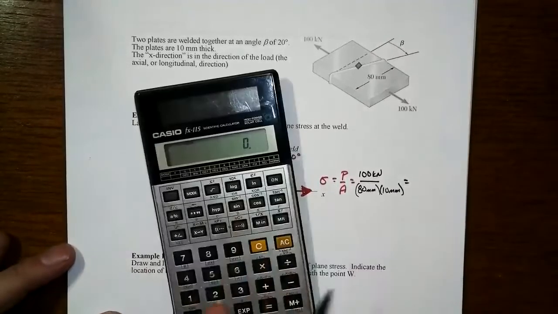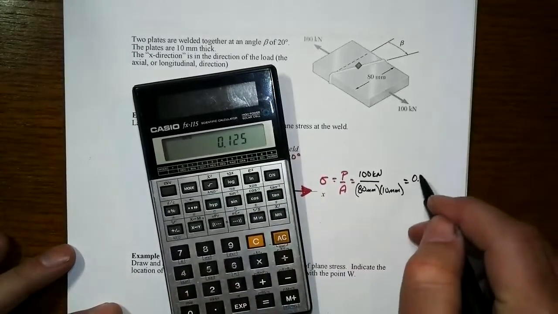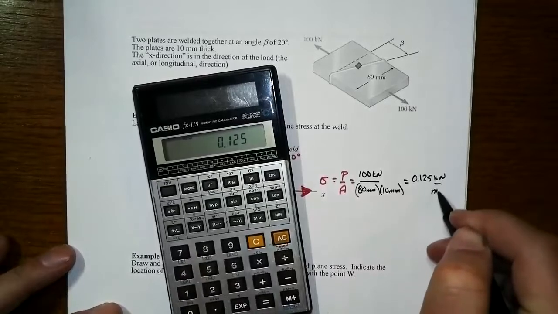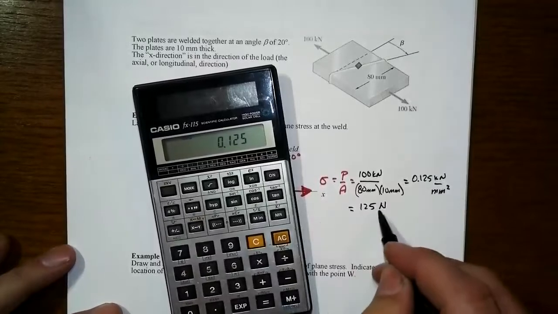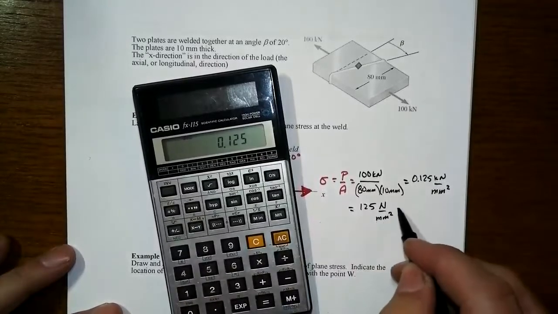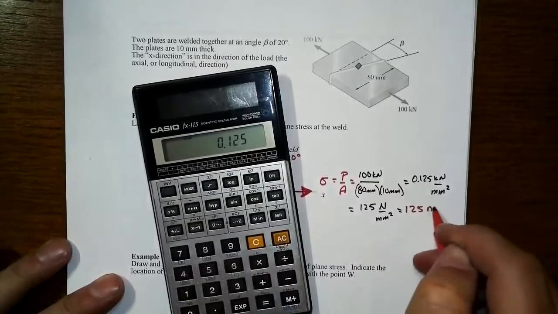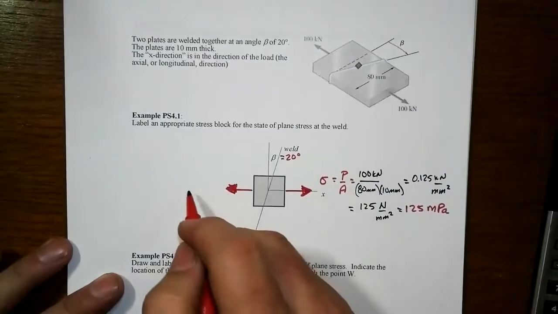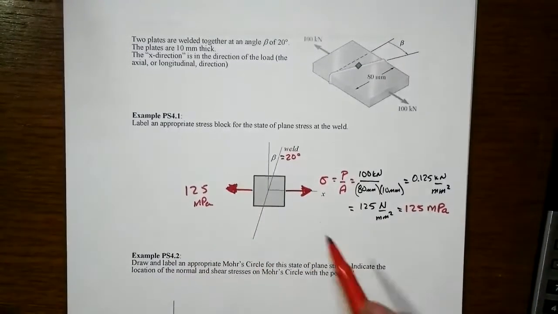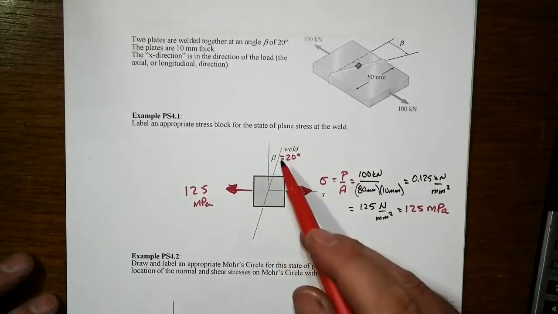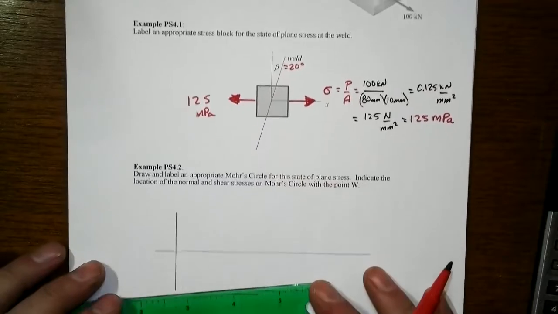That's 100 divided by 800, which is 0.125 kilonewtons per square millimeter, the same as 125 newtons per square millimeter, and a newton per square millimeter is a megapascal. So our tensile stress is 125 megapascal on those two planes. There are no shear stresses on those planes and no normal stress on the other plane, just pure uniaxial tension.